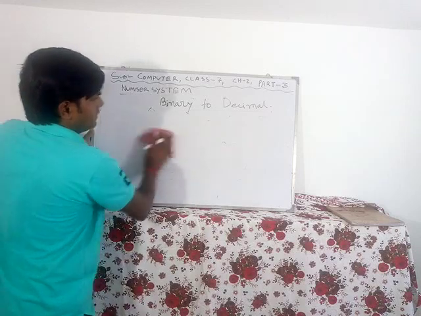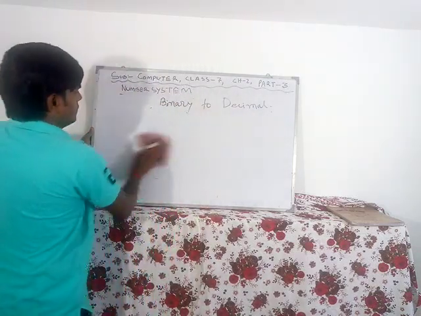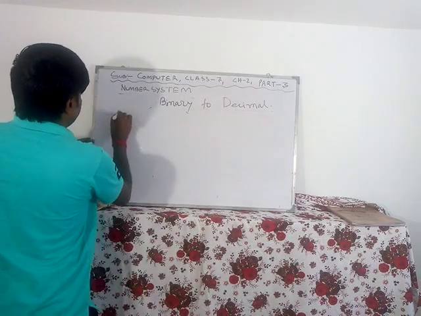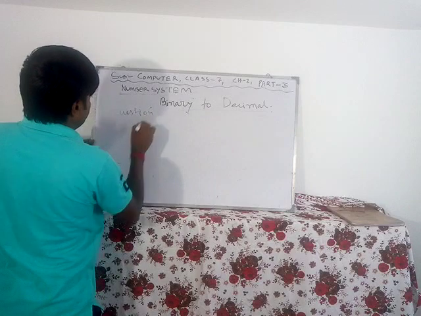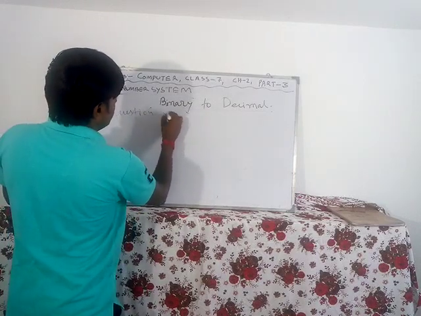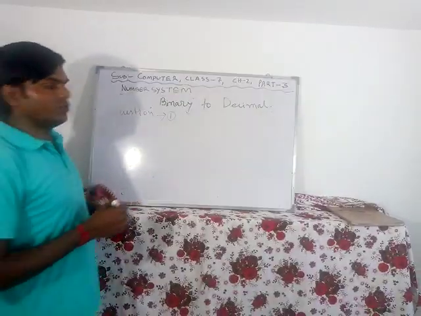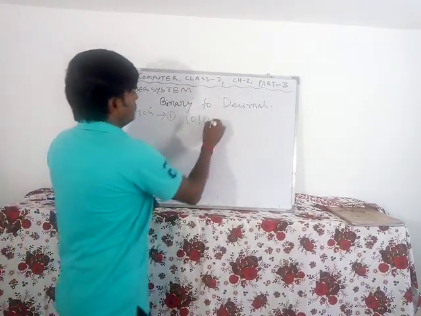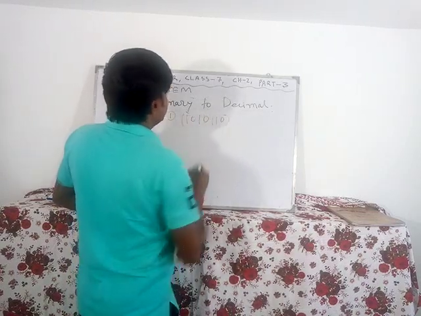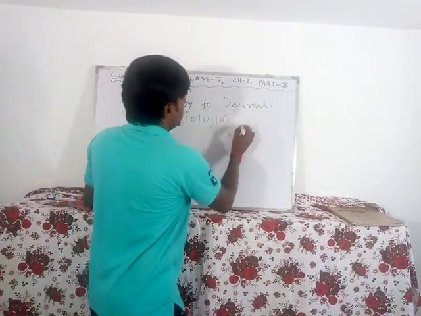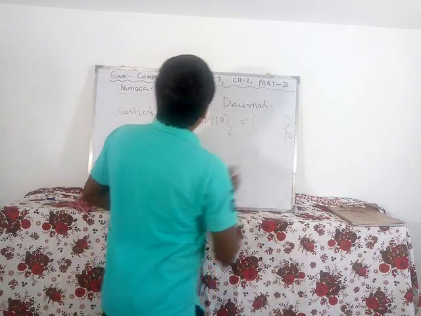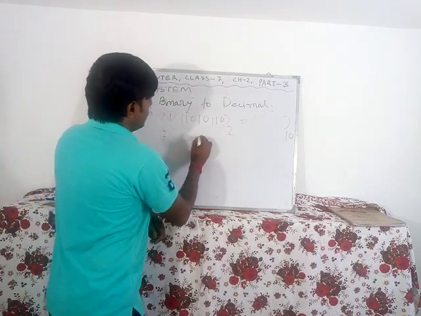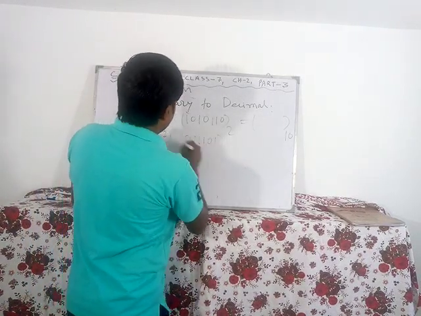Question number 1: 1010, 1100, 110, this is binary to decimal. You will convert binary to decimal. Clear? Question number 2, 101101.